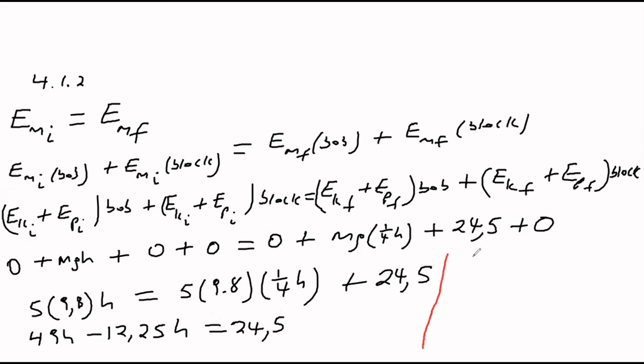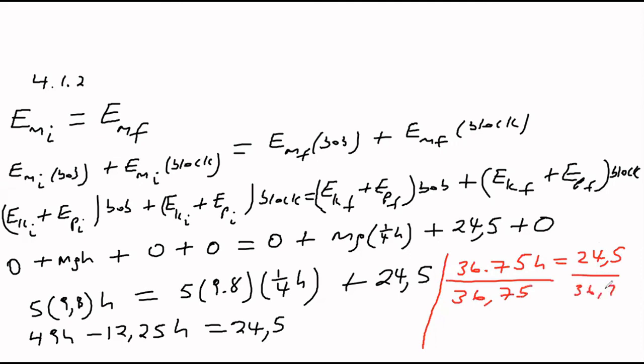Making height the subject of the formula, we get 36.75h equal to 24.5. Then we divide both sides by 36.75 to make the height the subject, and we get 0.67 meters.